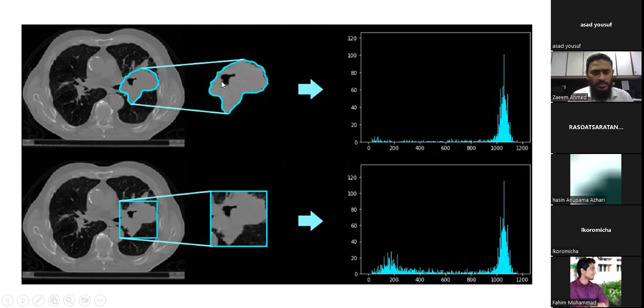If there is a good segmentation, the data set has low noise, and if the segmentation is not good, if we just took a square box, then there would be more noise. So segmentation is the key. Good segmentation brings more significant or better radiomic features. This is how we segment the section we are going to take for the radiomics analysis.